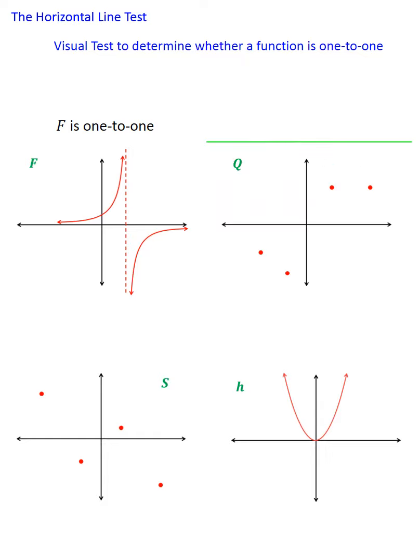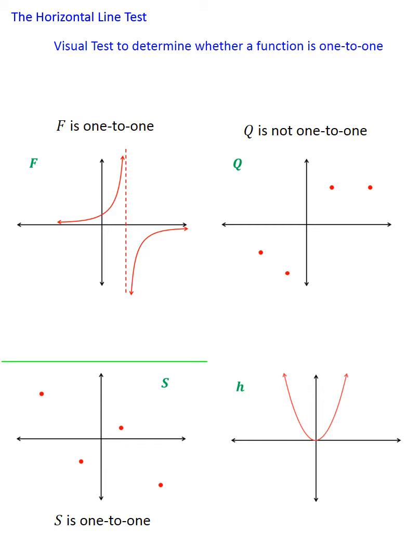Was there ever an instant where that line hit Q twice? The answer is yes, right here. And therefore, Q is not a one-to-one function by the horizontal line test. Let's look at S. There was never an instant where that line hit S twice, therefore S is one-to-one.